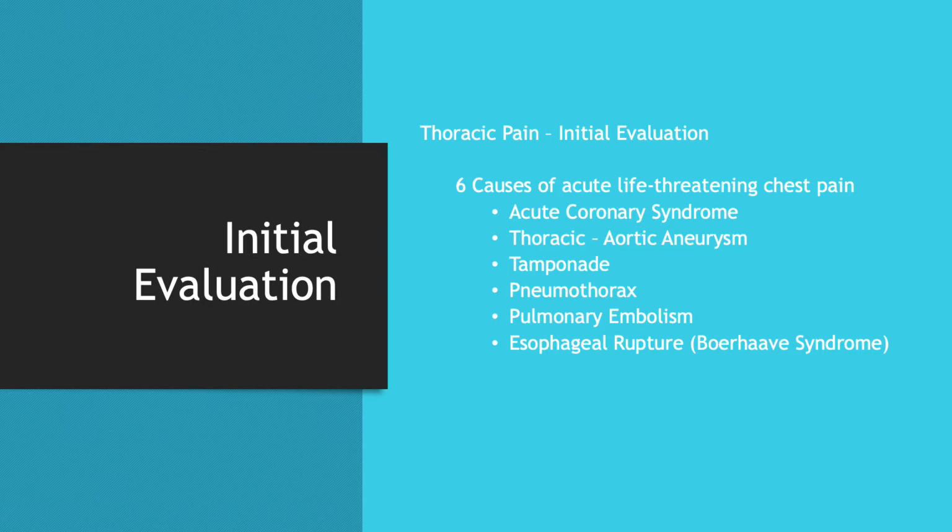Now, for anyone wondering, what is the quick and easy way of evaluating the 6 acute life-threatening causes of chest pain? Number 1, EKG to rule out ST elevated MI. Number 2, a CT angiogram will evaluate aortic aneurysm, tamponade, pneumothorax, pulmonary embolism, and esophageal rupture with pretty good sensitivity.